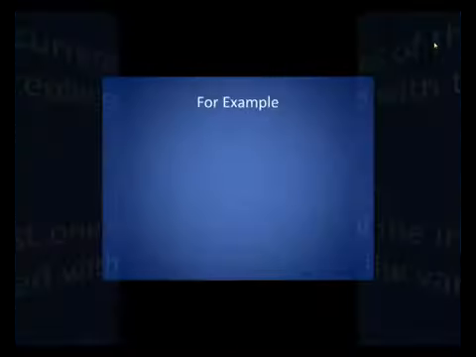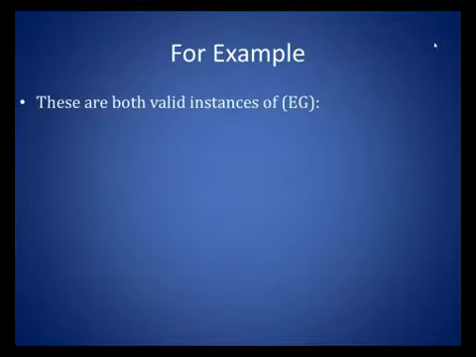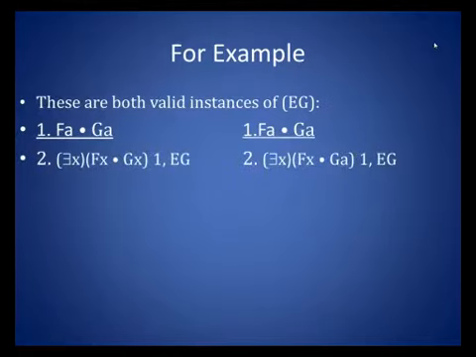So let's take a look at how this works. So these are both valid instances of EG. Let's say that I have a premise that says FA and GA. I can do one of two things here. Well, one of many things, but here's at least two examples of what I can do. Look to the left first.